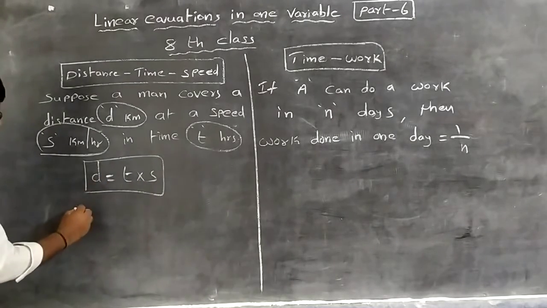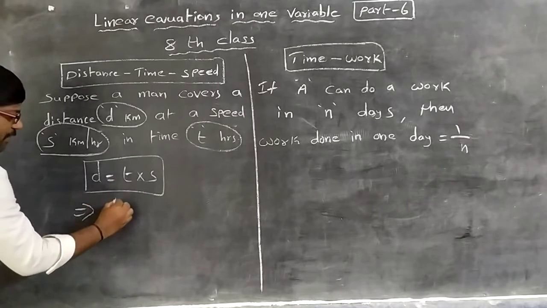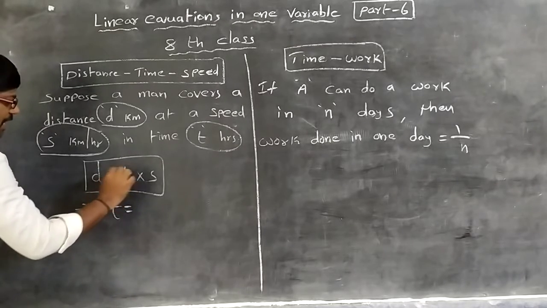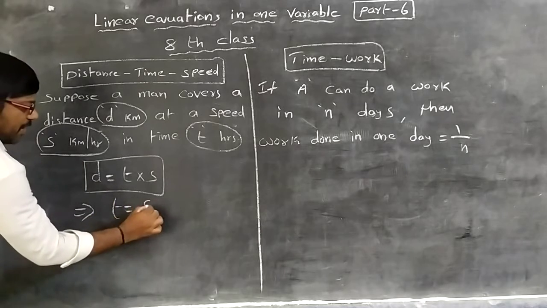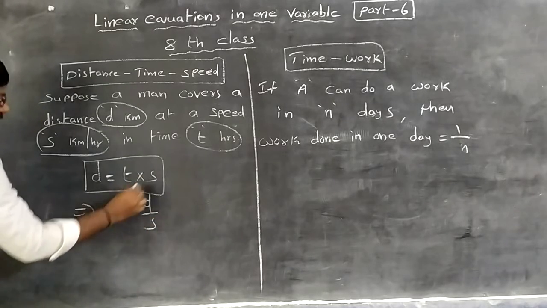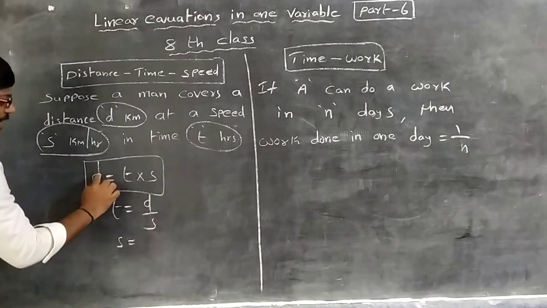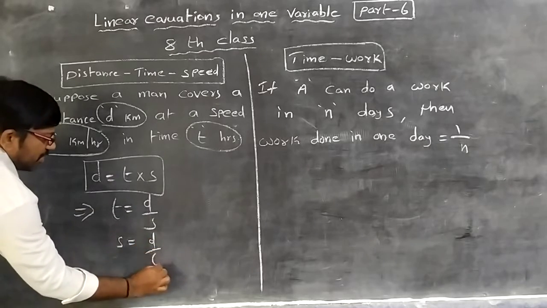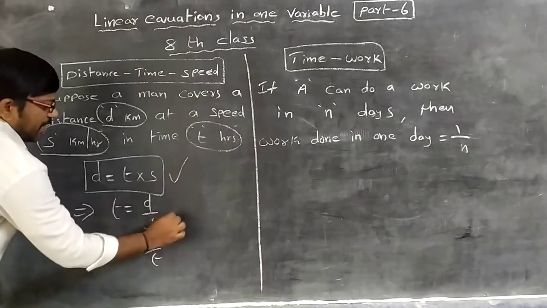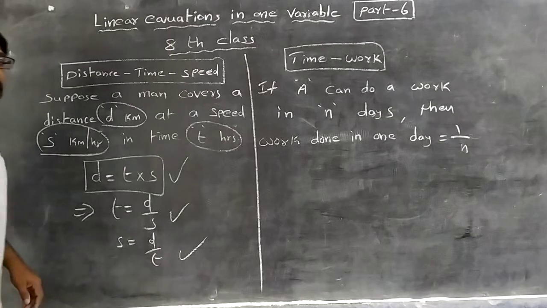Okay, so from this formula, t is equal to, what about time? Distance by speed. Then s is equal to distance by time. So these three are very important formulas.